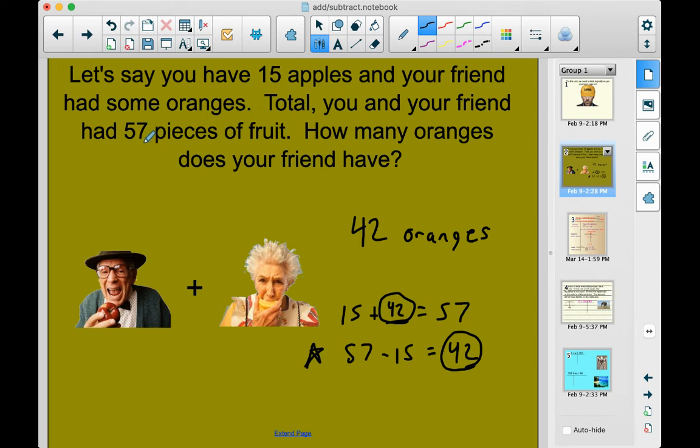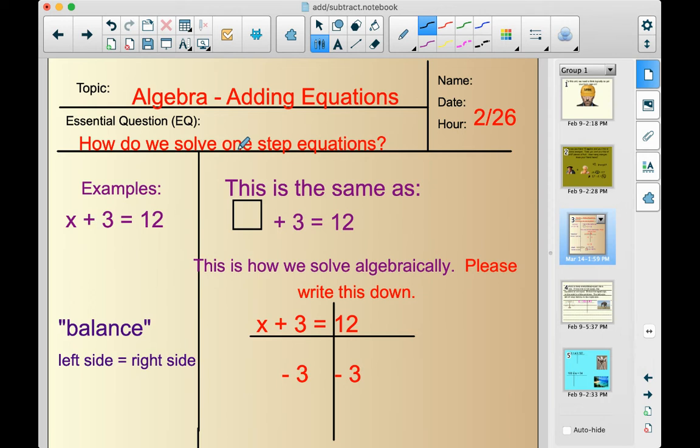So as we're talking about recognizing key words, you might see total, and you would have to add these two together. But with one of these things being unknown, we figured out what that number is not by adding, but by subtracting. Subtraction is what's called the inverse operation of addition. And we're going to look a little bit more into that here.